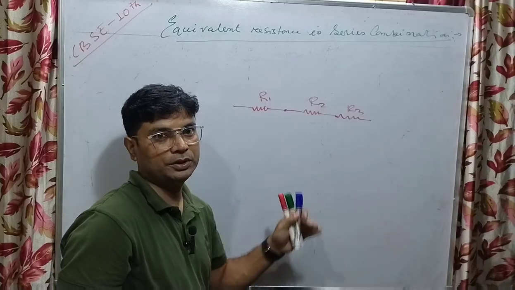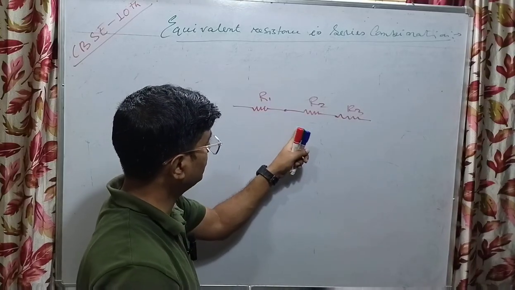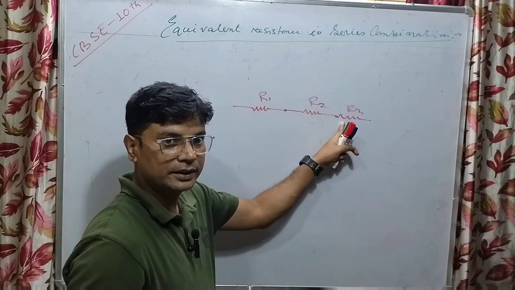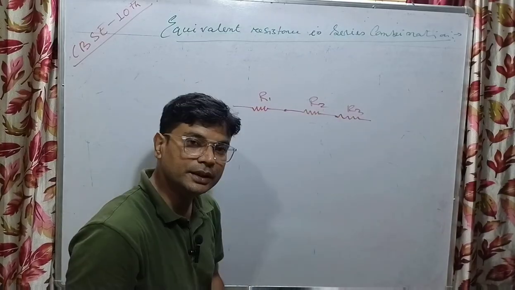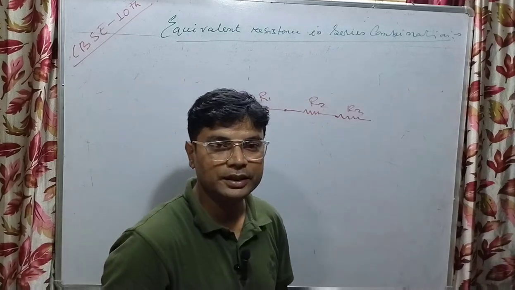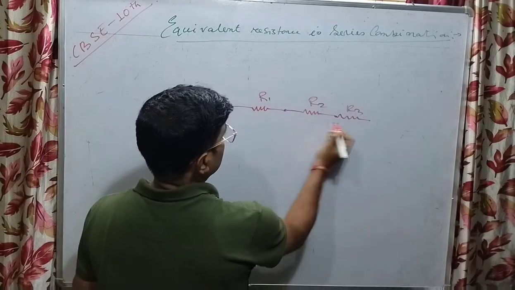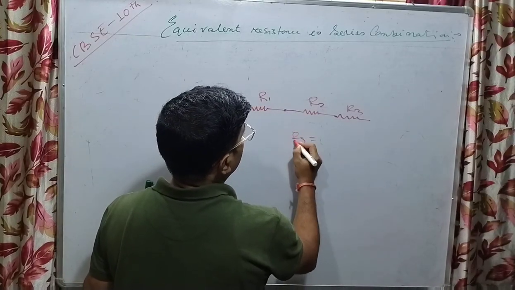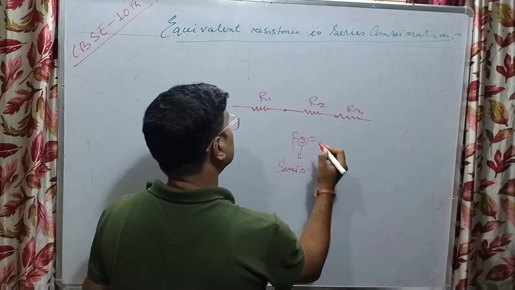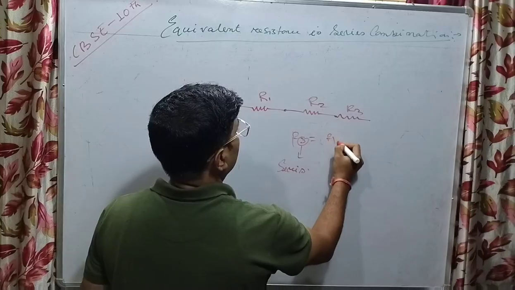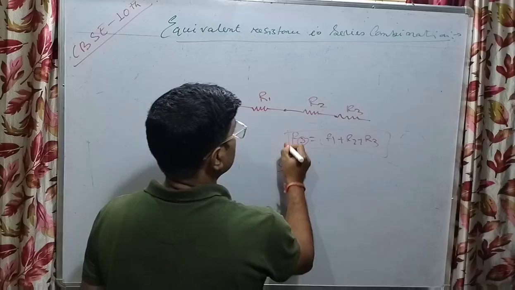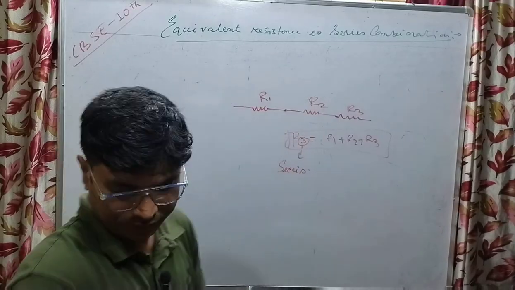Look at the pattern of the combination. R1 is connected end to end to R2 and R2 is connected end to end to R3, and this is called series combination. The equivalent resistance, total resistance of this combination is Rs. S is used to represent series. Rs equals R1 plus R2 plus R3. This is total resistance. Clear?